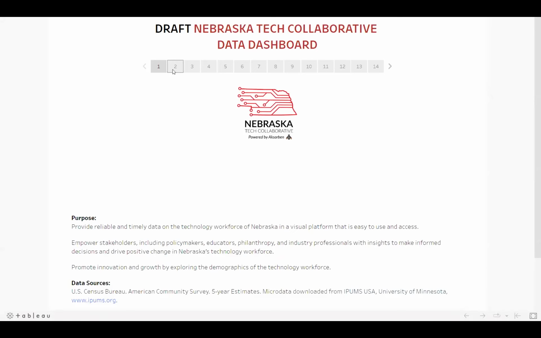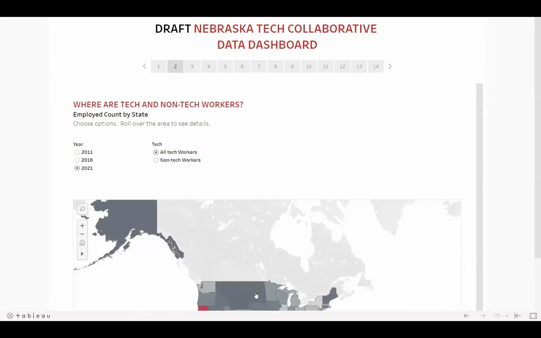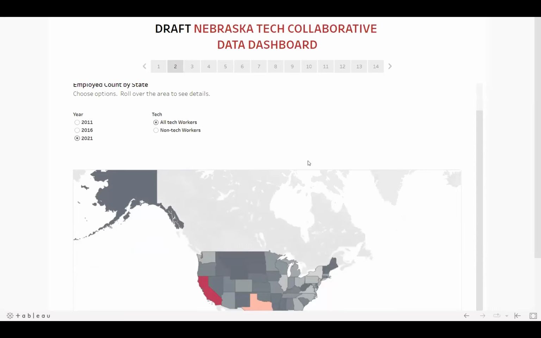So, we don't need to spend too much time on it, but thinking about some of the big questions you wanted answered. One of the big things for us was to know how Nebraska compares to our neighbors for sure. That's very important, but then nationally too, because as many of you know with tech, we don't compete with our neighbors anymore.